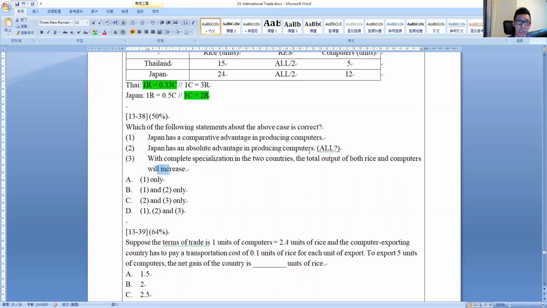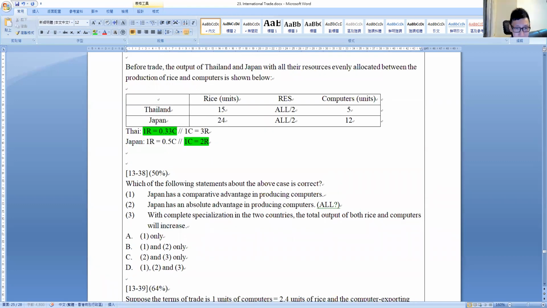Now, this looks like 呢個似唔似我哋個principle of comparative advantage 啊？ Yes, but remember, when I talk about that principle, I told you specialization may not be complete specialization. 唔一定 complete specialization 嘅嚇。Okay, so let's do the maths here.